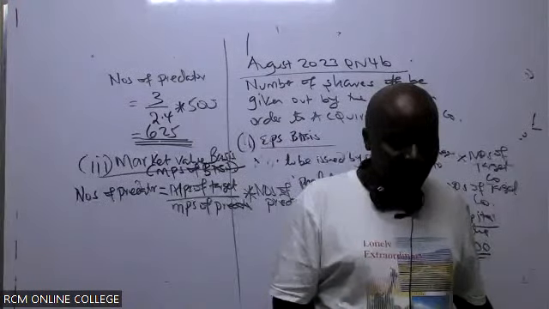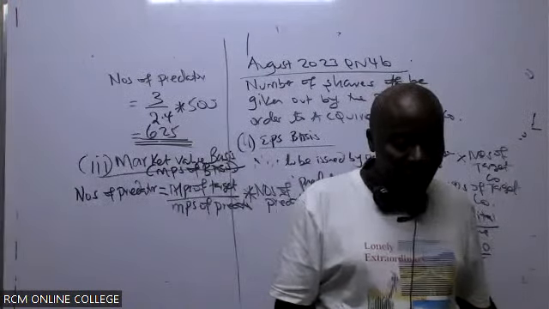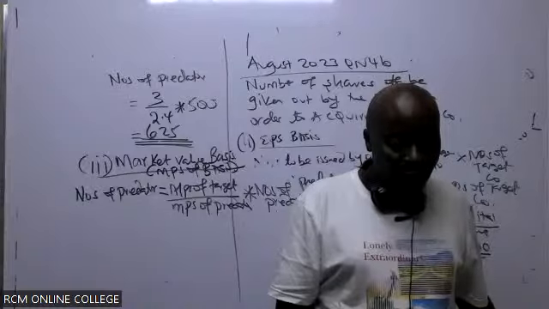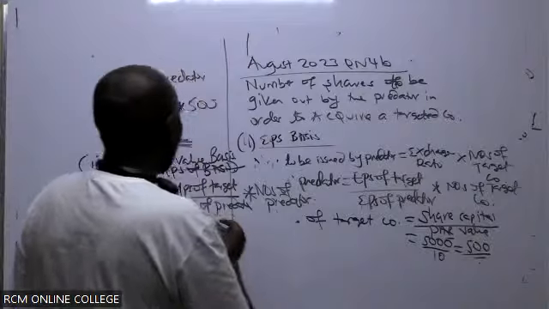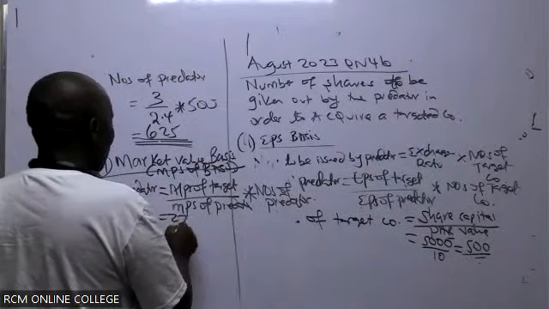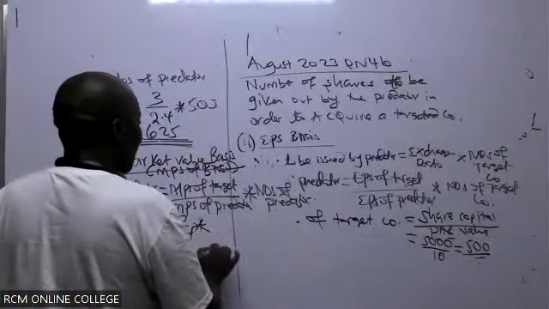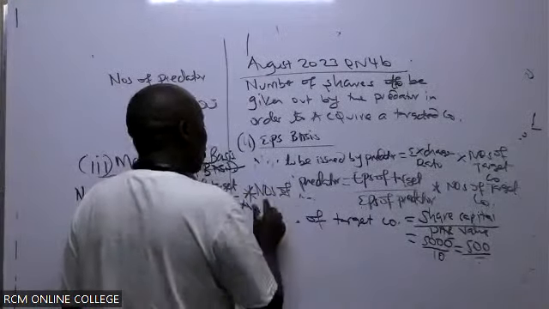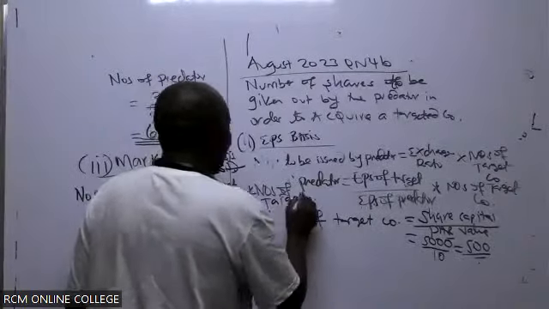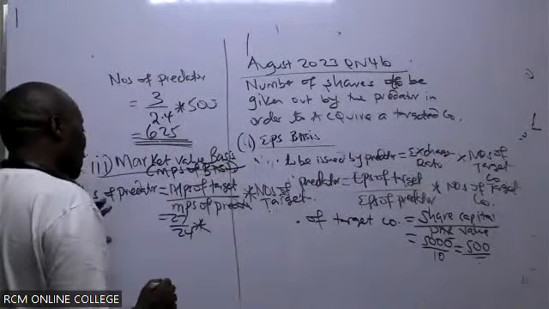I'm being given a figure of 1125. You see, EPS has been given, right? So 27 over 24. And here we shall always use the number of shares of the target company. Always. Because you see, we have the number of shares of the predator. Sorry for that.